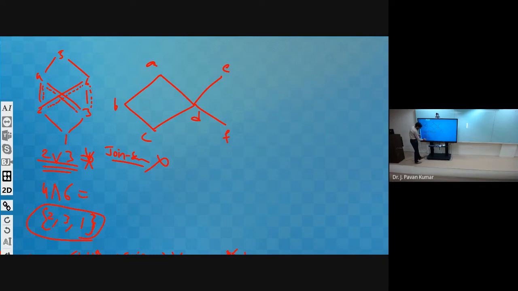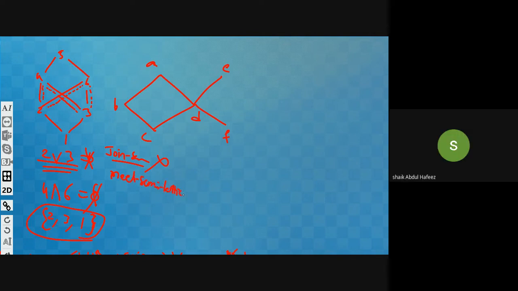The lower bounds include 2, 3, 1, but we don't have a greatest element among 2, 3, 1, because no element is related from all the other elements, so it does not exist. So 4 meet 6 does not exist, and it is not considered a meet semi-lattice as well. Got my point? Yes, sir.